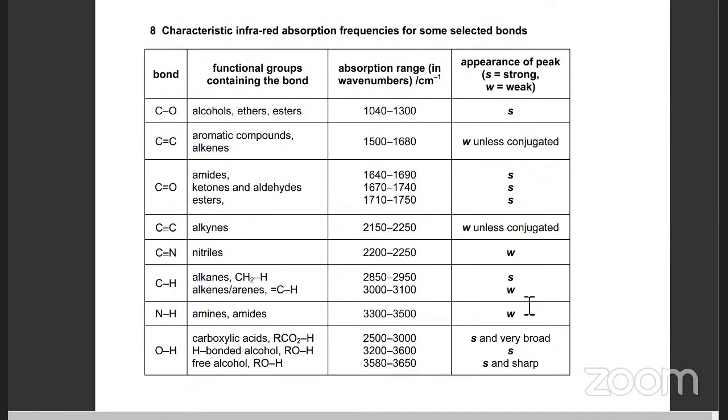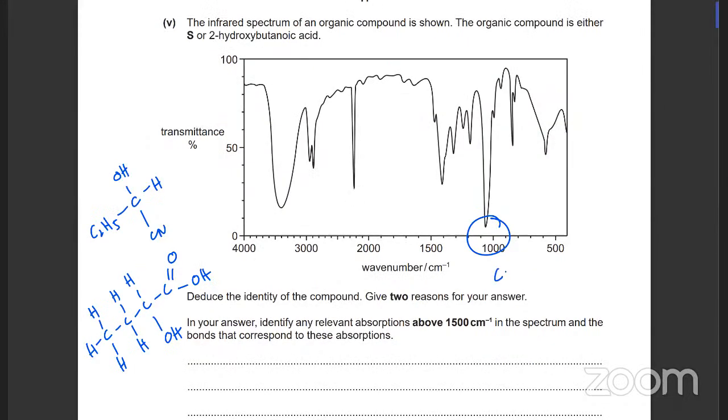So strong absorption in the 1040 to 1300 range. That's probably C single bond O. I mean, that's the only one I found, 1100 to 1300. But that C single bond O is in both of them. I can't really tell which one this is. You've got a C single bond O over here as well, and over here as well. So it could be both of them. That is not helpful.